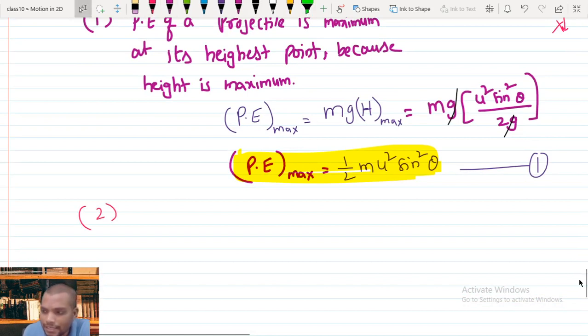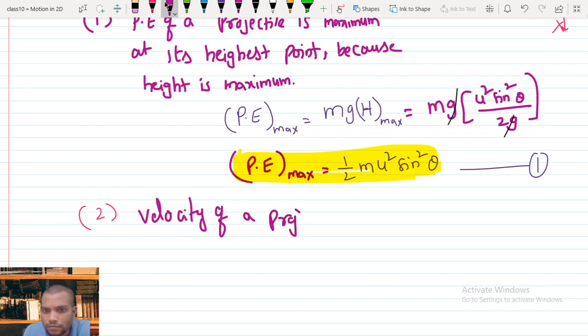For the second case, kinetic energy, first I will mention velocity, then we can apply kinetic energy. Velocity of a projectile is minimum at the highest point.